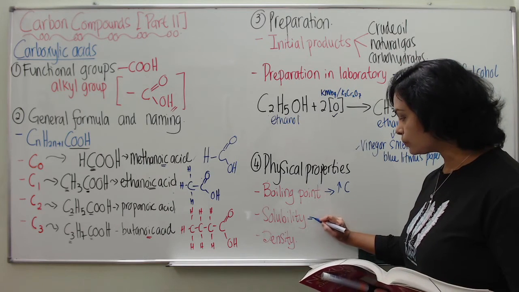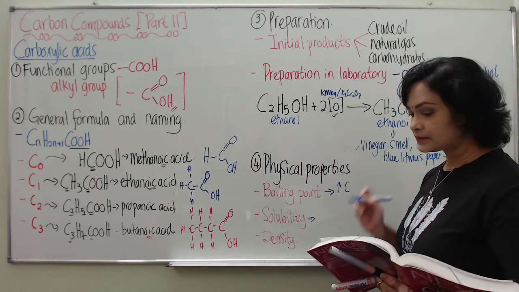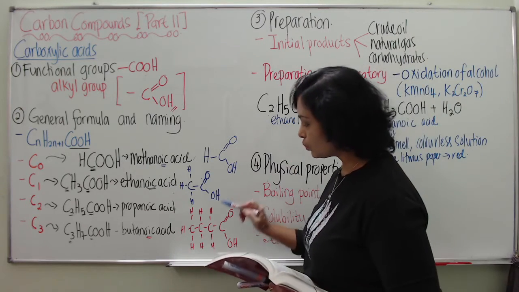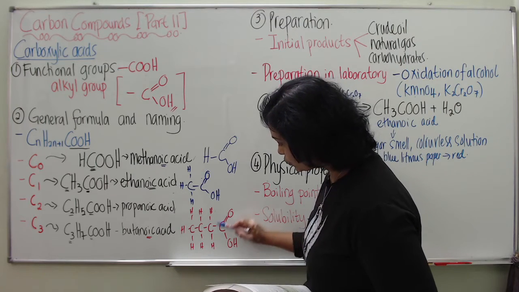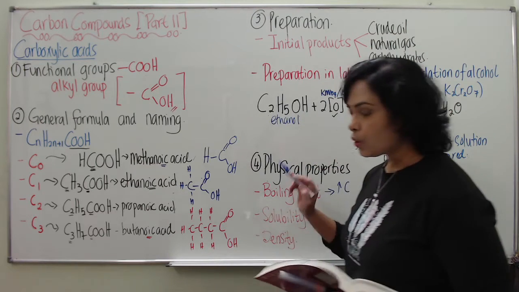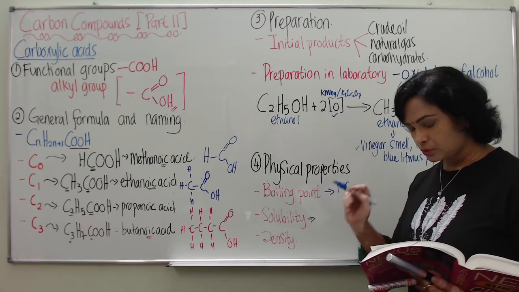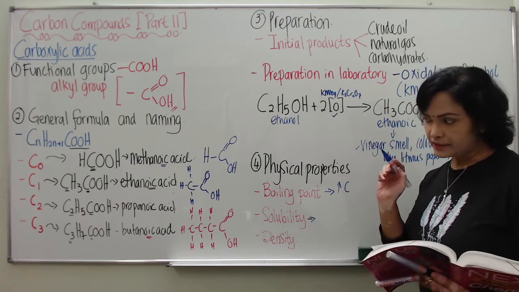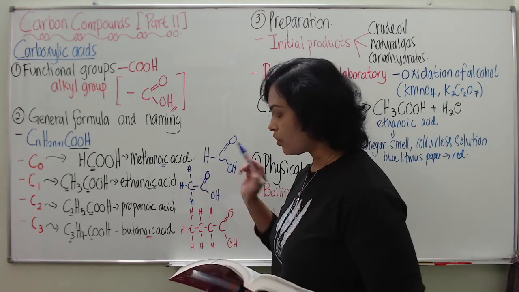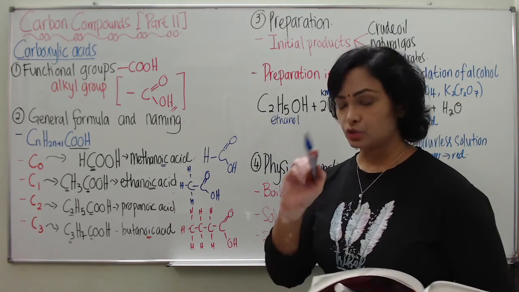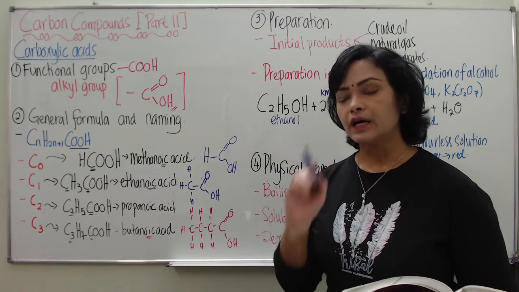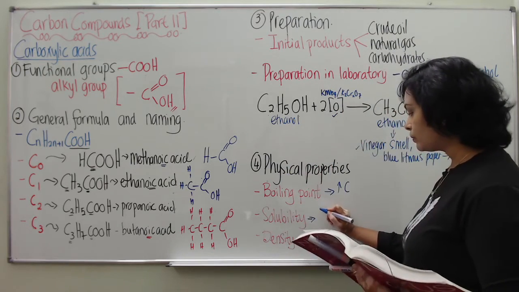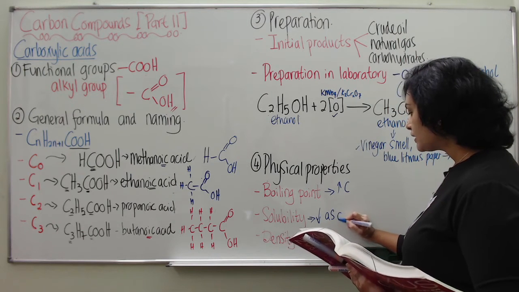Now let's go to solubility. Since carboxylic acid has two parts, the carbon chain and the functional group, the carboxyl group, only a certain part of the carboxylic acid can dissolve in water. So that is the reason why the first 3 or 4 members of carboxylic acid are soluble in water, but as the amount of carbon increases, the solubility decreases.